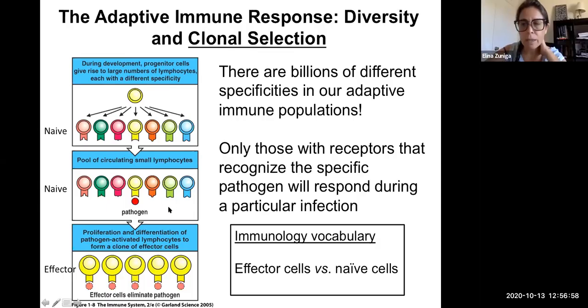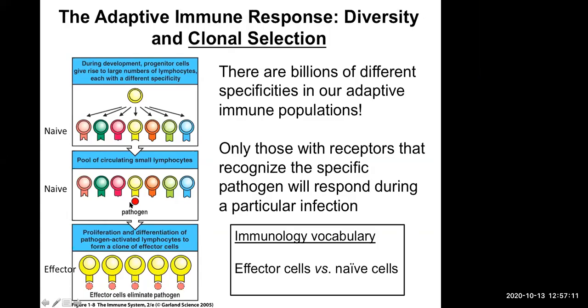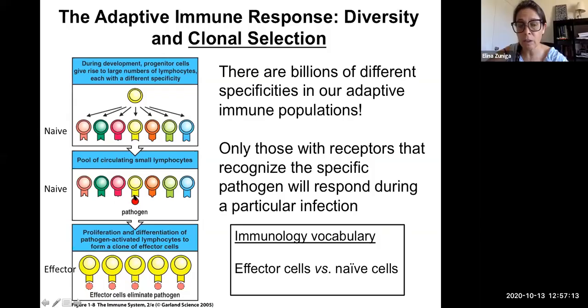Okay. Yeah, you kind of got it. So the naive cells are there before. Naive cells is the clone before it has been engaged by the ligand of the receptor. And once it is engaged by the ligand of the receptor, it will become activated, so it will not be naive anymore.